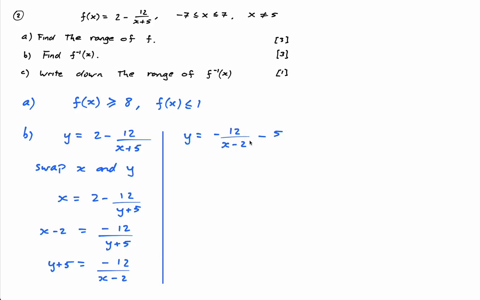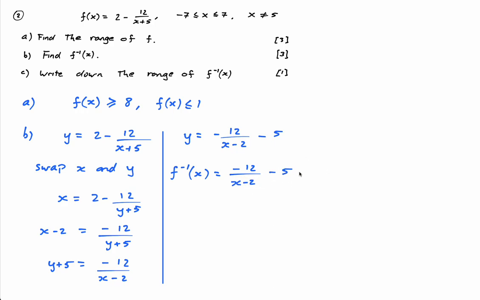You can rearrange this, guys, if you want, but he doesn't say in any form, so that's fine. And actually, sorry, I should write f minus 1 of x equals minus 12 over x minus 2 minus 5.